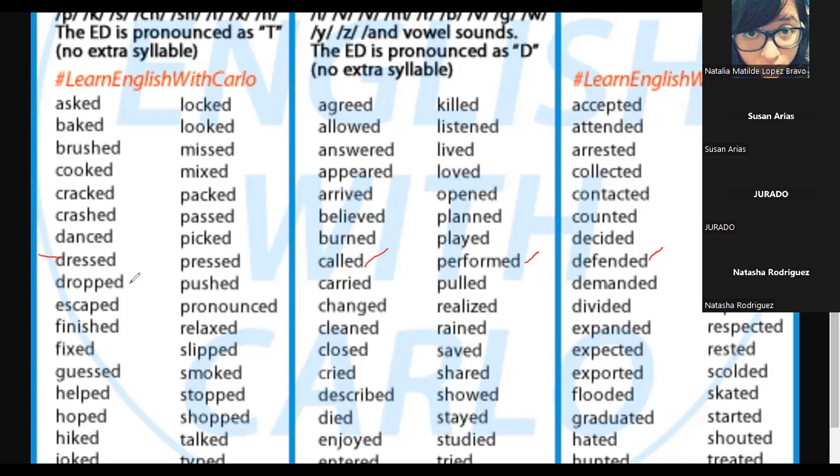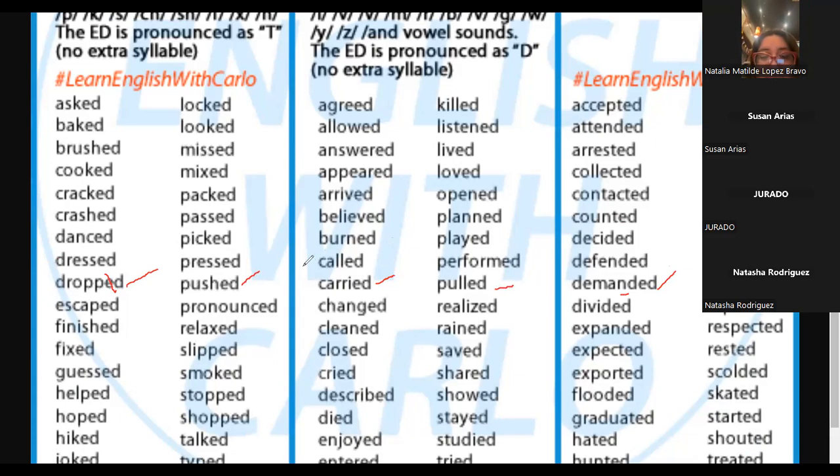Dropped. Oh, drop it. No, la E no la pronunciamos. Dropped. Drop. Pushed. Carried. Pull. Demand. Aquí sí, porque tiene D. Okay. Demanded. Repeated.